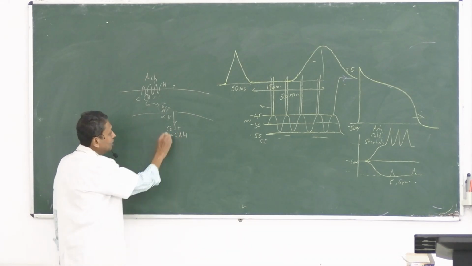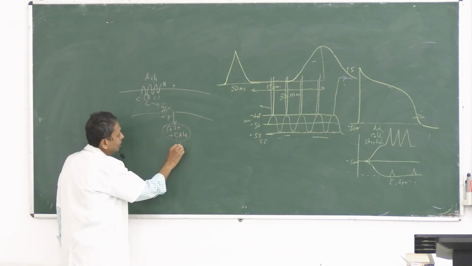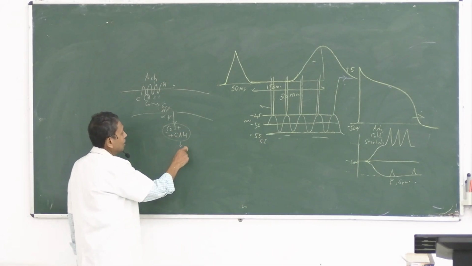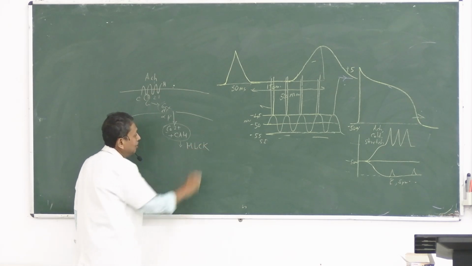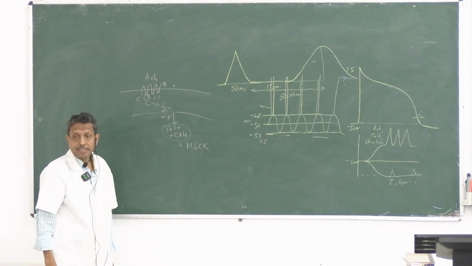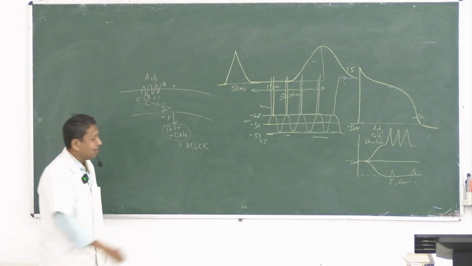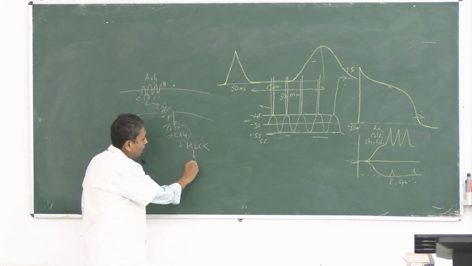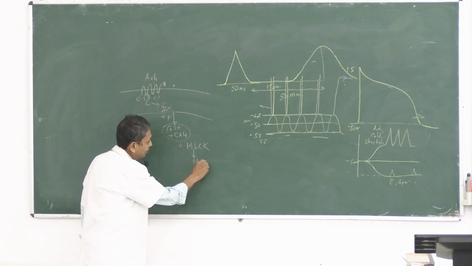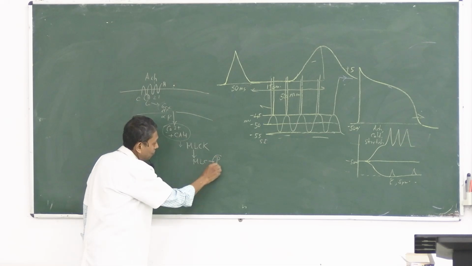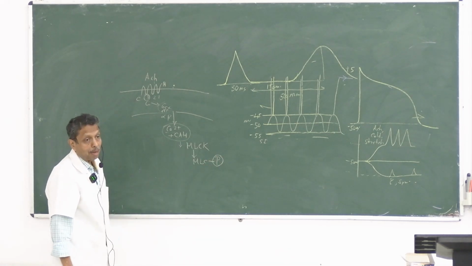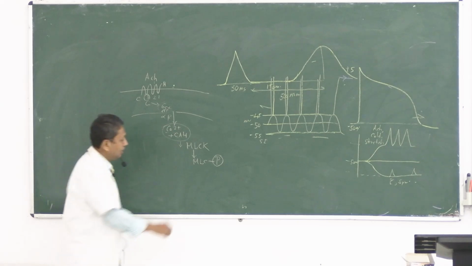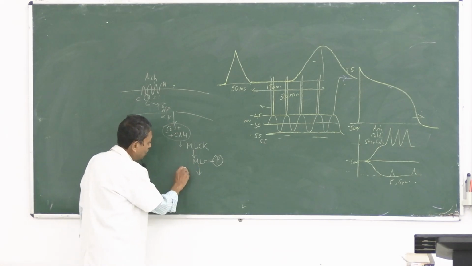calmodulin. And this complex then activates myosin light chain kinase. And myosin light chain kinase causes phosphorylation of the myosin light chain. And there is activation of the myosin ATPase activity.